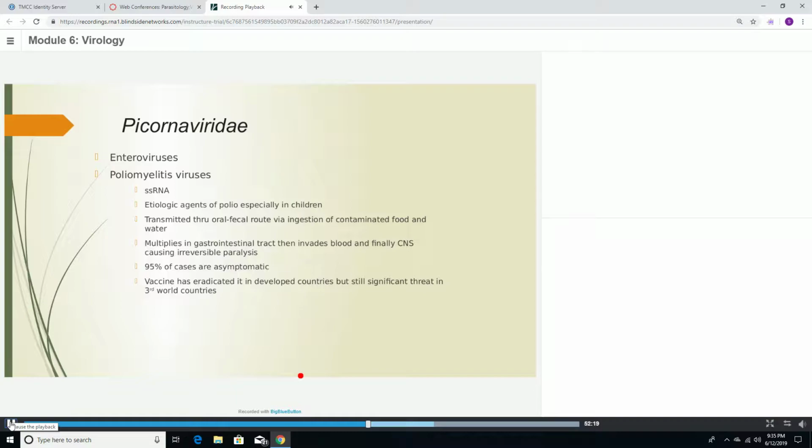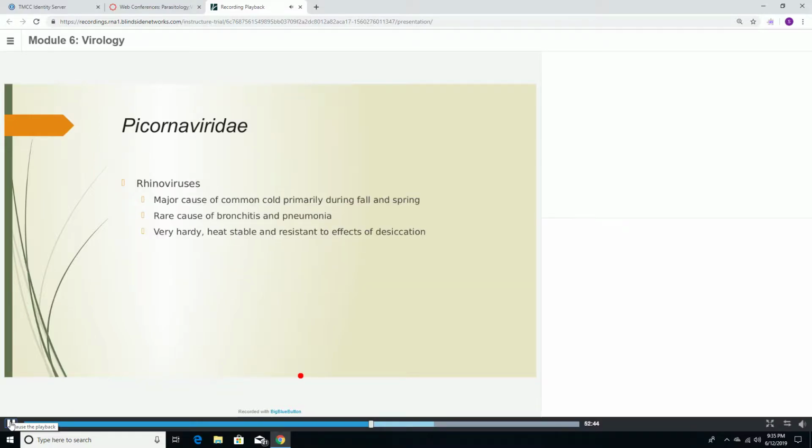It multiplies in the gastrointestinal tract and then invades the blood and finally the central nervous system, causing irreversible paralysis. 95% of cases are asymptomatic, and the vaccine has eradicated it in developed countries, but it is still a significant threat in third world countries. So the Picornaviridae family is the poliomyelitis virus family, and it causes polio. Simple enough to remember, right?